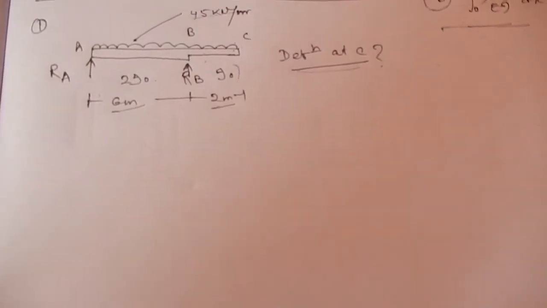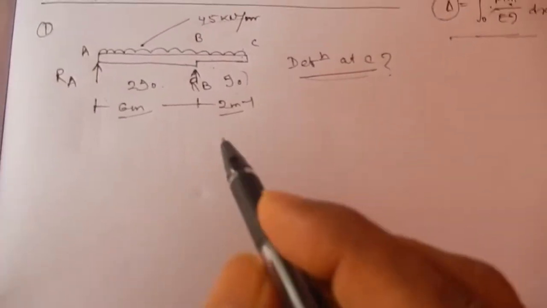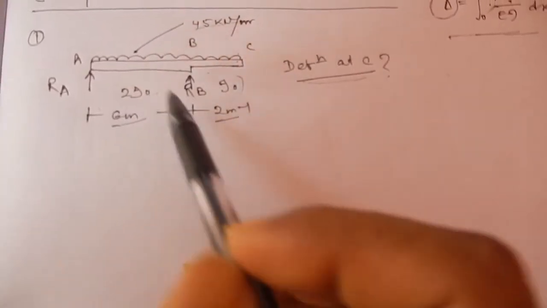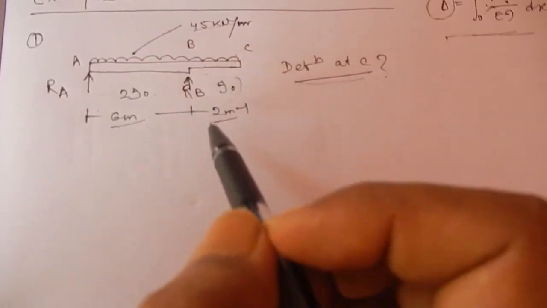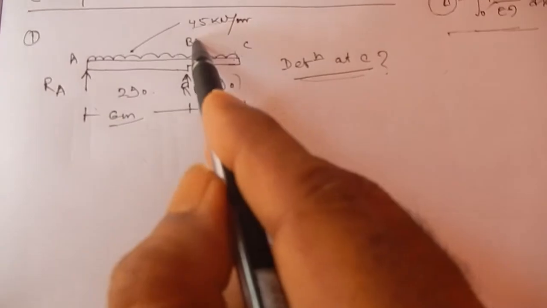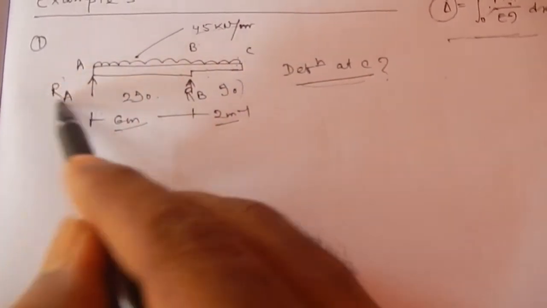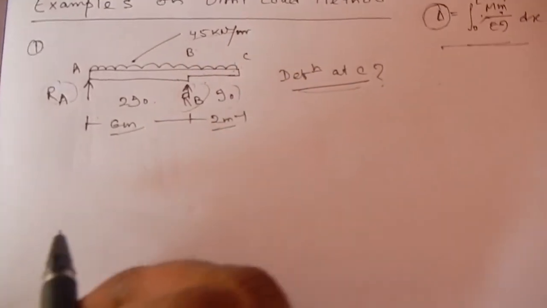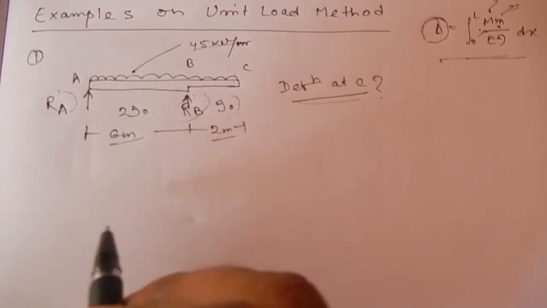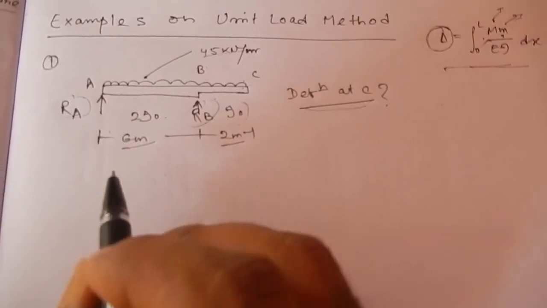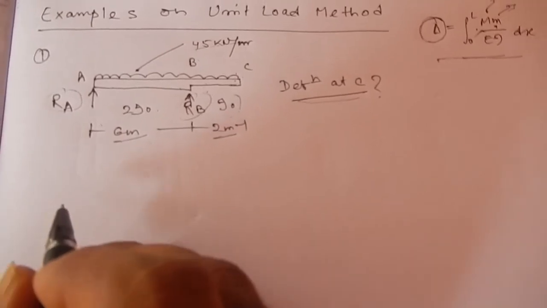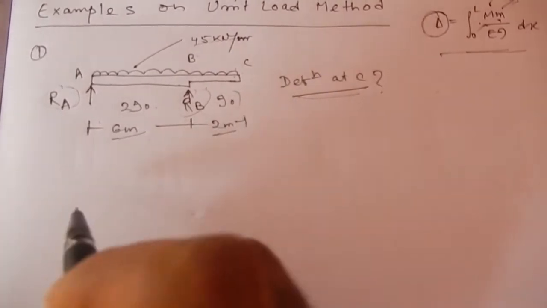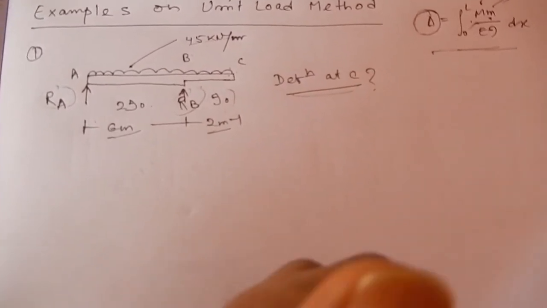First of all, to find any bending moment equation for the AB section or BC section, we need to know all the forces. This force is known, but the two reactions, RA and RB, are not known right now. So first we need to find out those two values, and we have done this type of thing in strength of materials itself, where we find out the reactions.